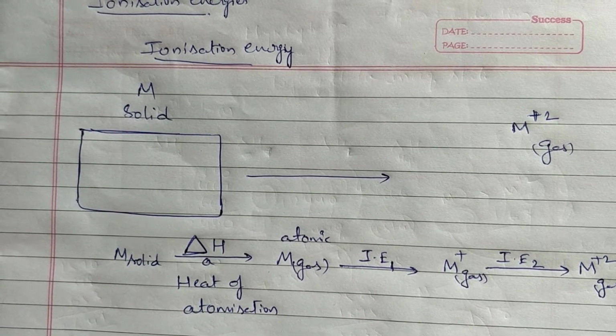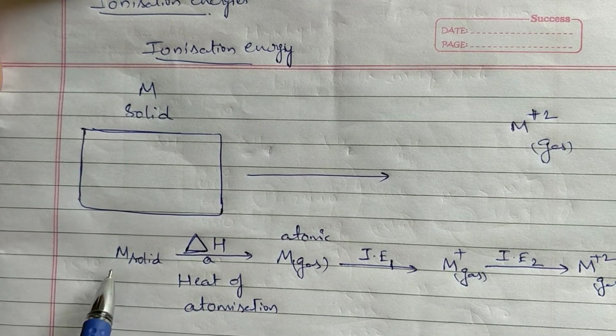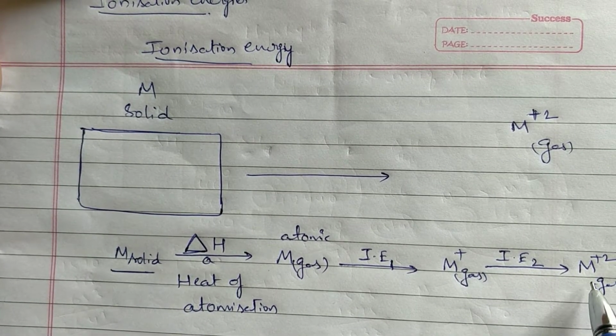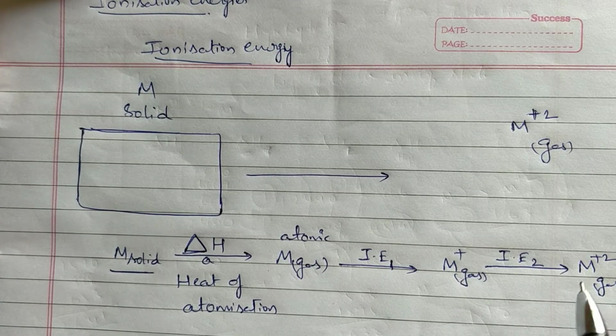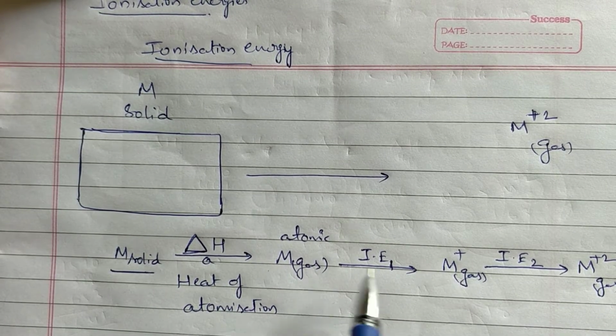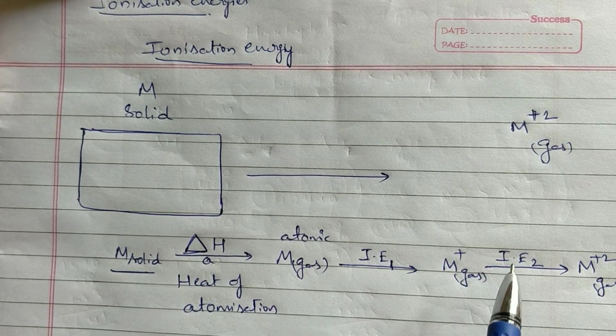Is it okay? Now see, M solid is converted to M plus 2 gas by the following energy changes: heat of atomization, ionization energy 1, and ionization energy 2.